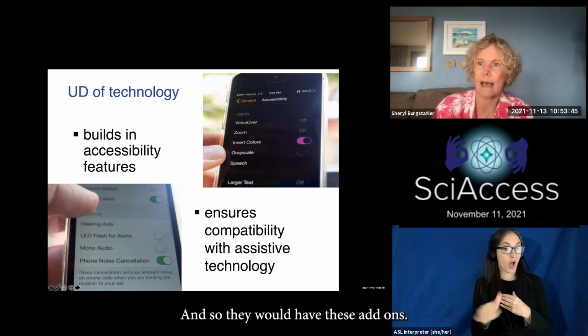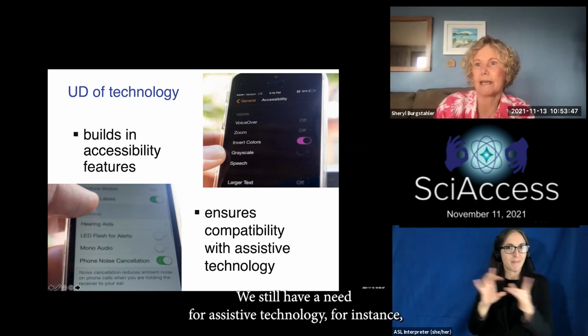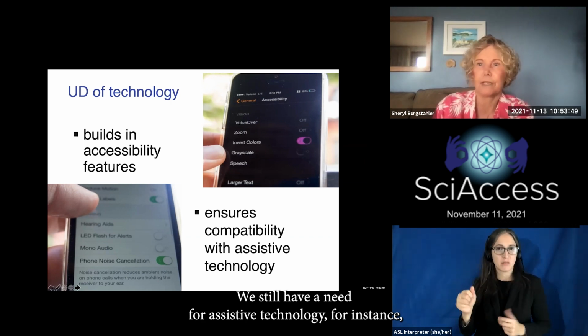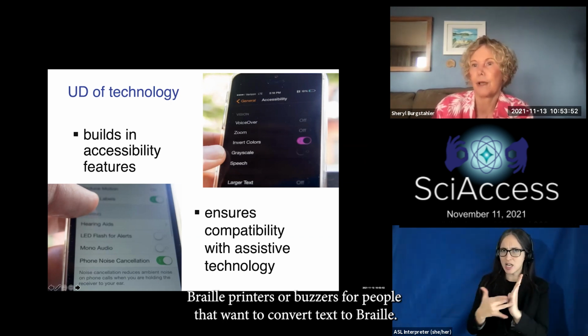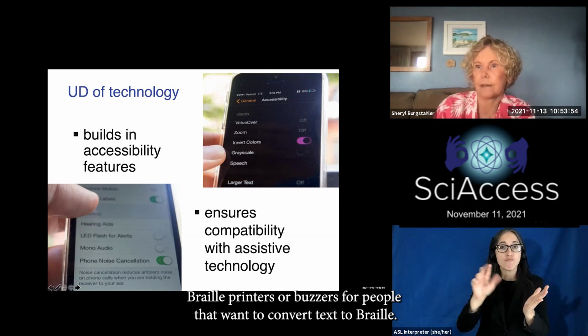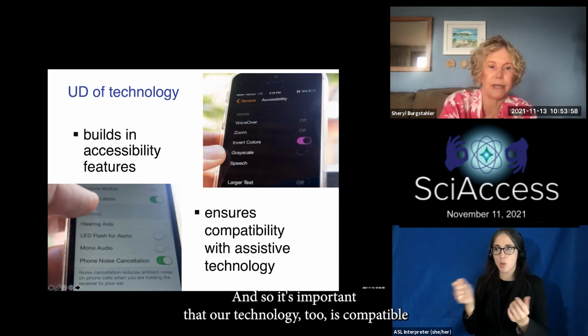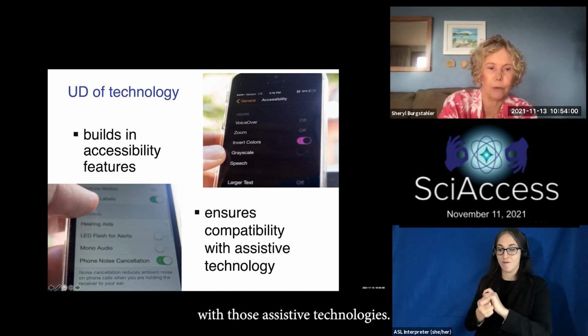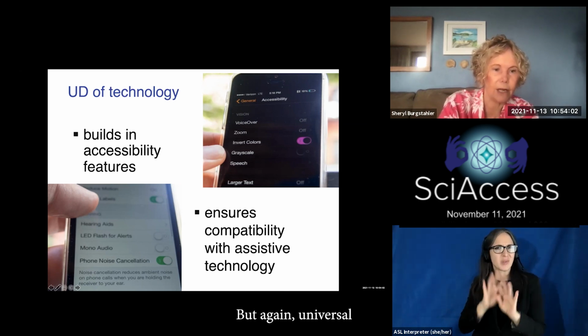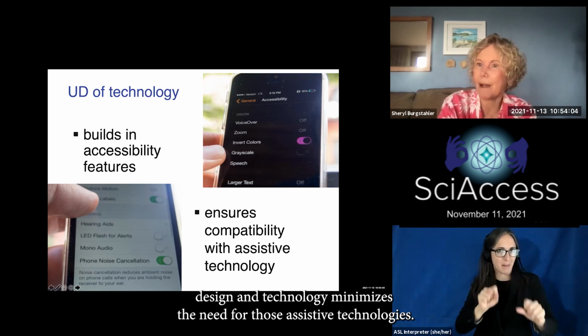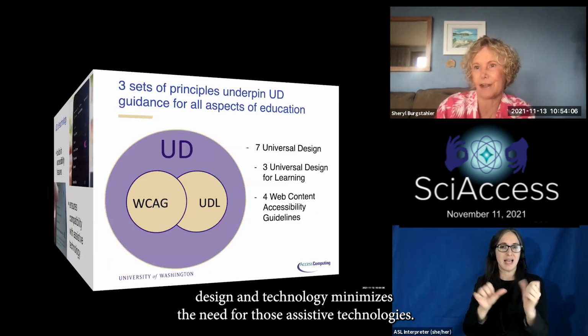And so they would have these add-ons. We still have a need for assistive technology, for instance, Braille printers or embossers for people that want to convert text to Braille. And so it's important that our technology too is compatible with those assistive technologies. But again, universal design of technology minimizes the need for those assistive technologies.